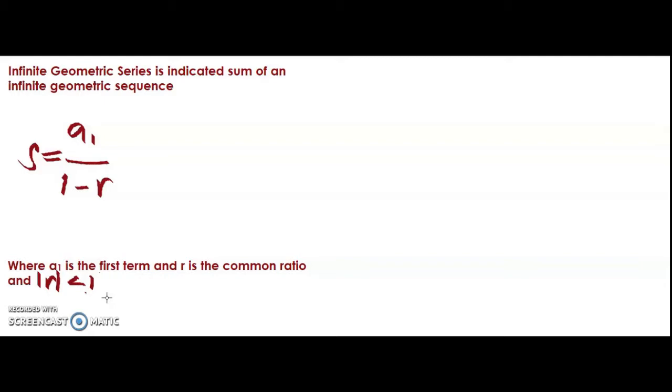Now, if the absolute value of the common ratio is less than 1, then we can say that the series is convergent. Hindi ito yung convergent tsaka divergent na papanood ha, iba yun. And what is this convergent and divergent series na tinatawag natin sa geometric series?